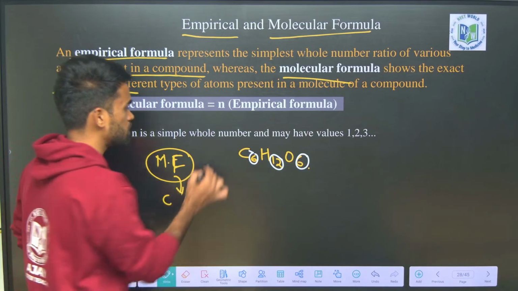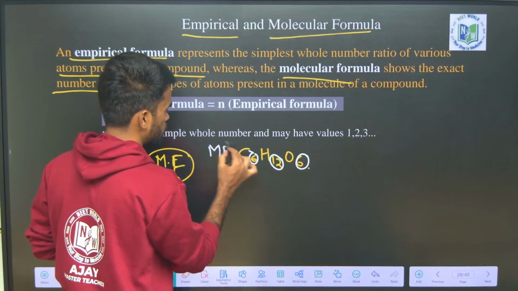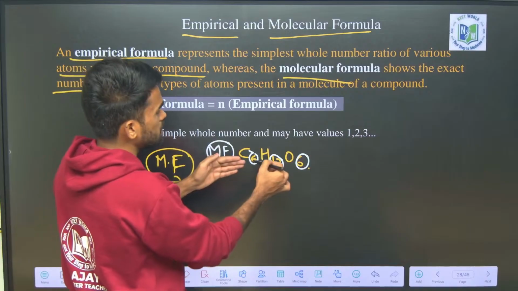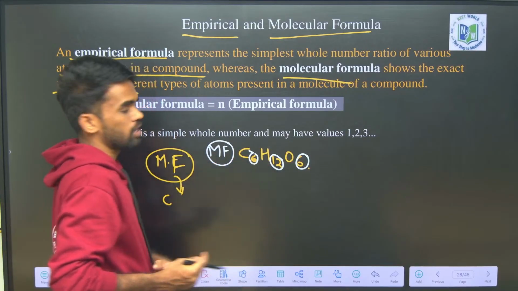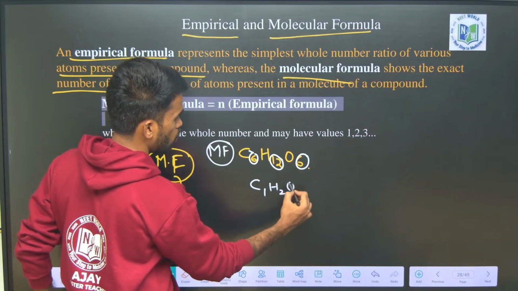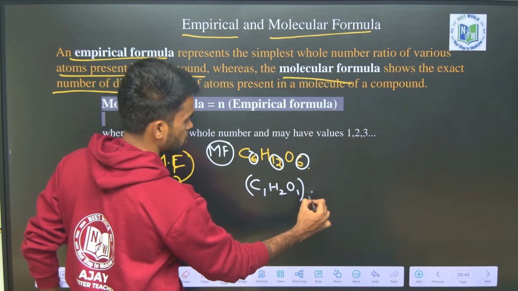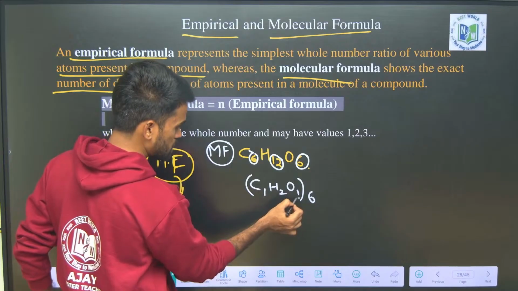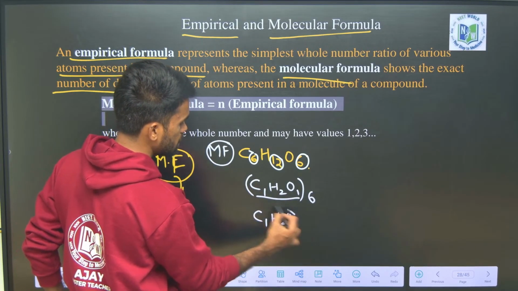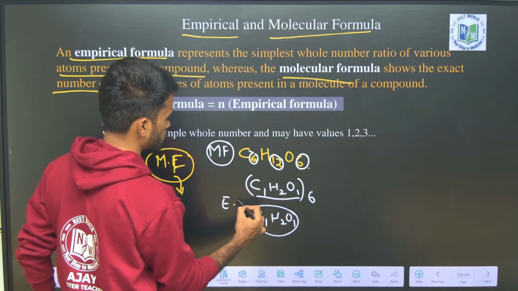So this represents the molecular formula. And if I ask for the empirical formula, just take the simplest ratio that we can get from this. See, I can say C1, H2, O1, taking 6 as a common factor. So the simplest way of representation is C1, H2, O1. This is called its empirical formula.